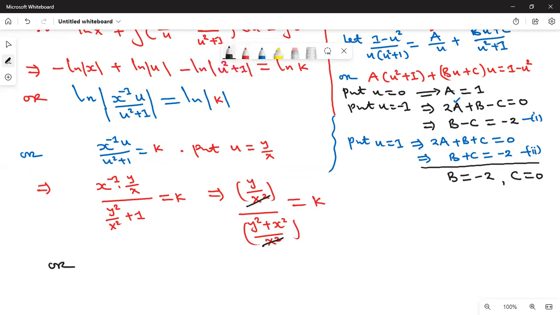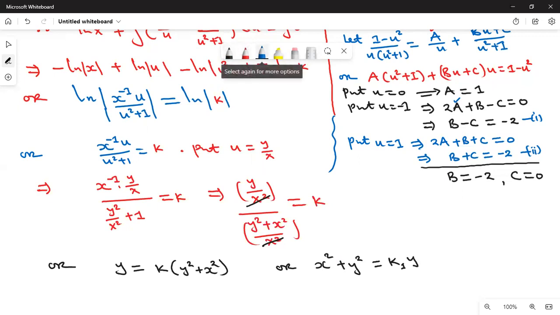So you can write y is equal to k times y squared plus x squared, or x squared plus y squared is equal to k1, a constant, times y. So what you have found here is the orthogonal family. This is the orthogonal family that we needed.